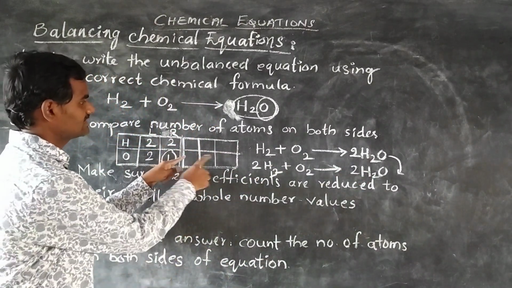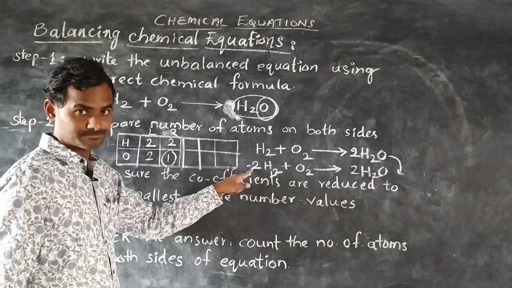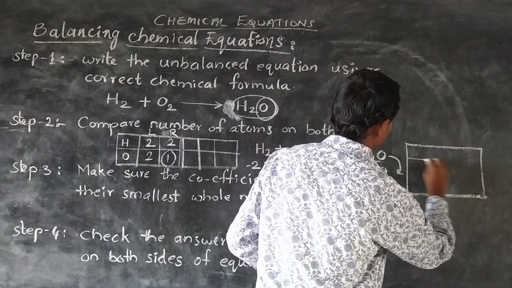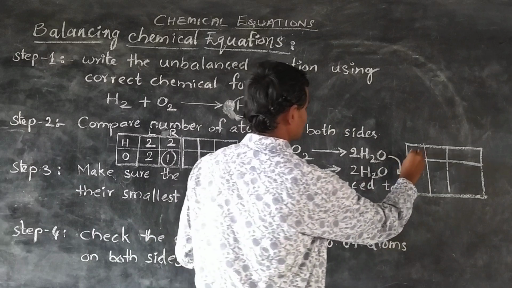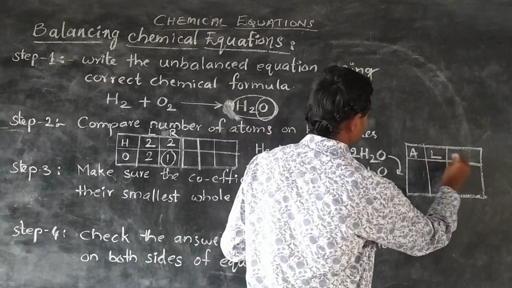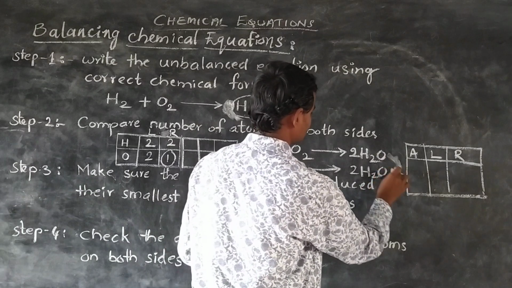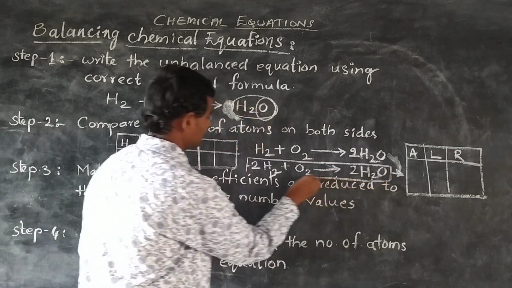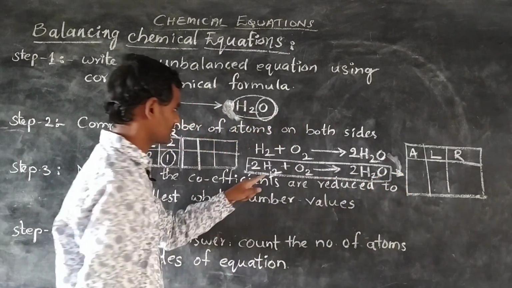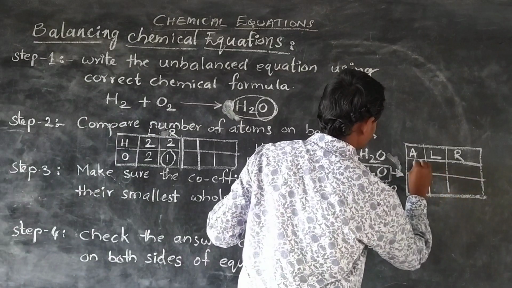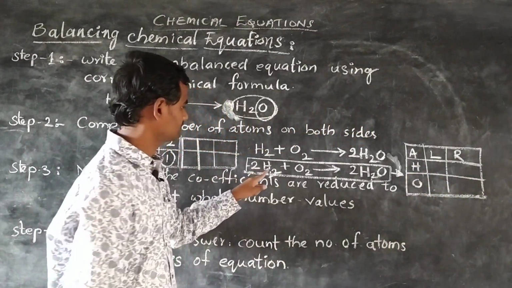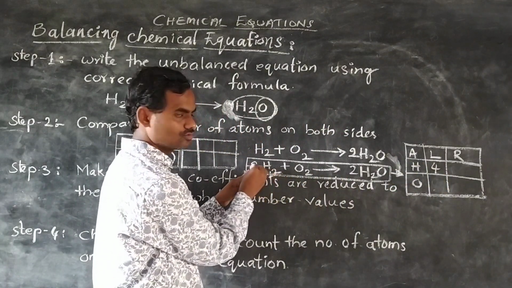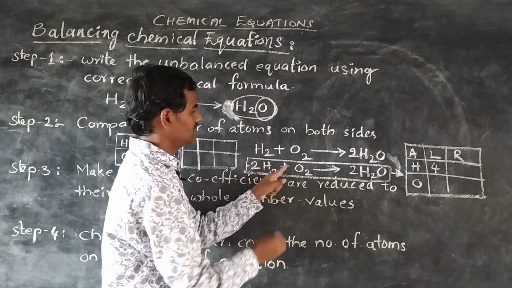Now we will see whether this equation is balanced or not. This is after balancing. Here are the atoms or elements, left hand side and right hand side, for this equation. Hydrogen and oxygen: 2 into 2, 4 hydrogens are present on the left hand side.